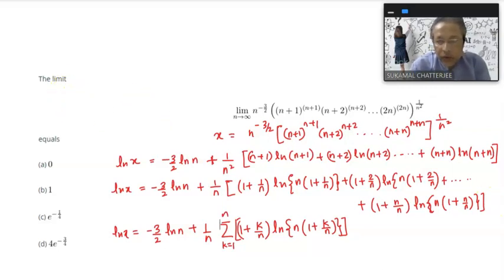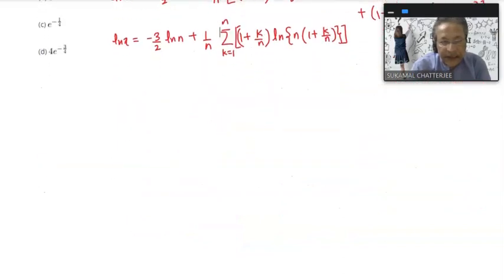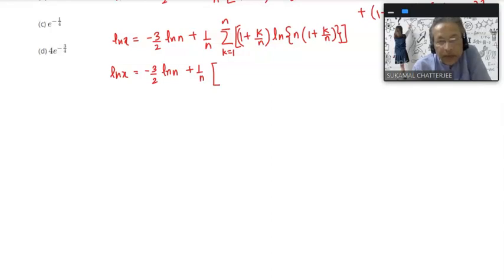Now you expand and simplify this. You multiply 1 plus k by n, and expand ln of n into 1 plus k by n, so you get ln n plus ln of 1 plus k upon n.